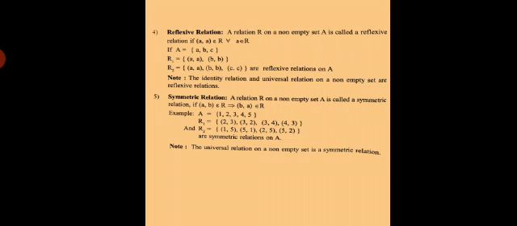If such ordered pairs are in a relation, then such sets are called symmetric relations. Similarly, in the same example, the second relation we can write as (1, 5) with (5, 1), (2, 5) and (5, 2). The reverse of each ordered pair must be there in the set to make a symmetric relation.